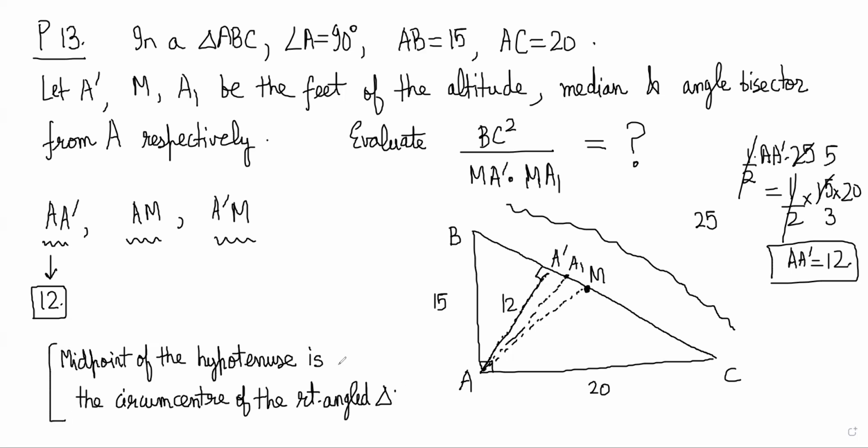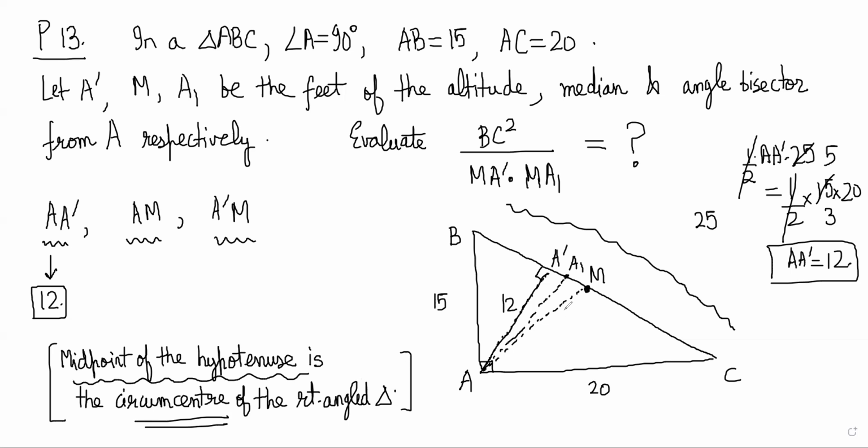So everyone knows what circumcenter is, right? Yes, sir. Yes, Aradhya, you know. Other people? Yes, sir. So do you know this property, midpoint of hypotenuse is the circumcenter for a right angle triangle? Yes, sir.